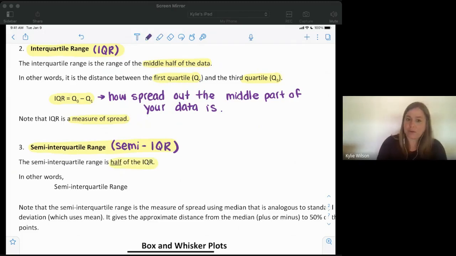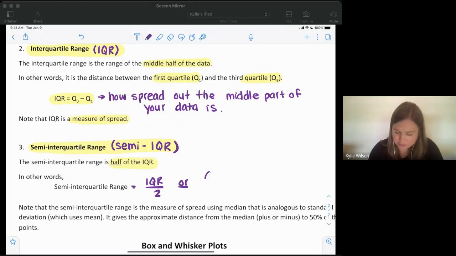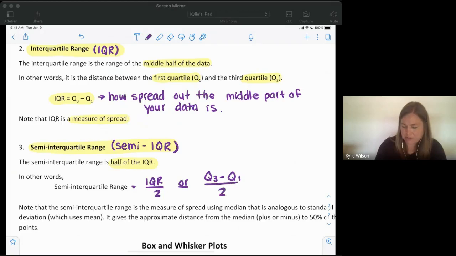So in other words, I can take my interquartile range and divide it by 2 to find my semi-interquartile range. So I can write it like that, or I could write it like this: my third quartile minus my first one divided by 2. Both of those mean the same thing and both represent our semi-interquartile range.